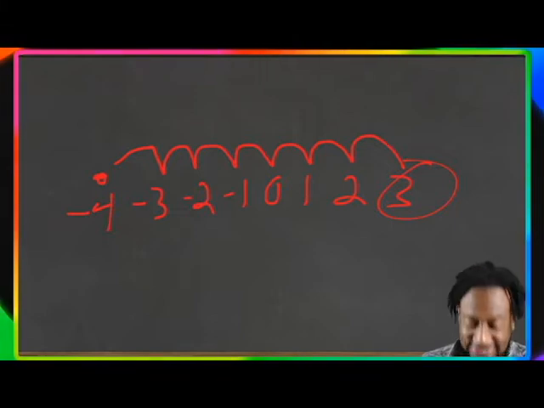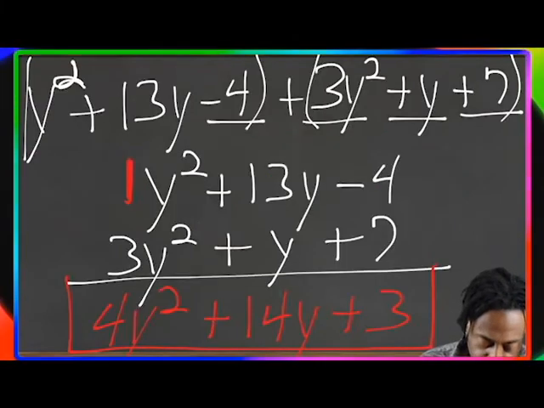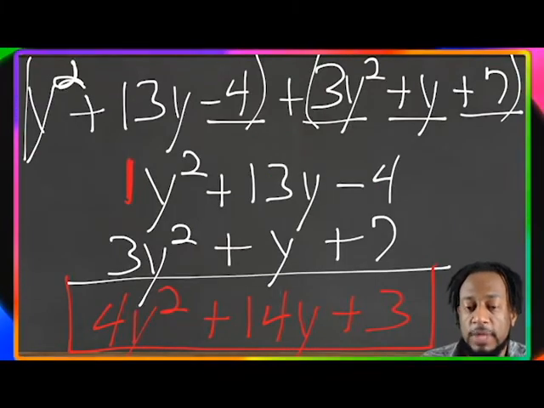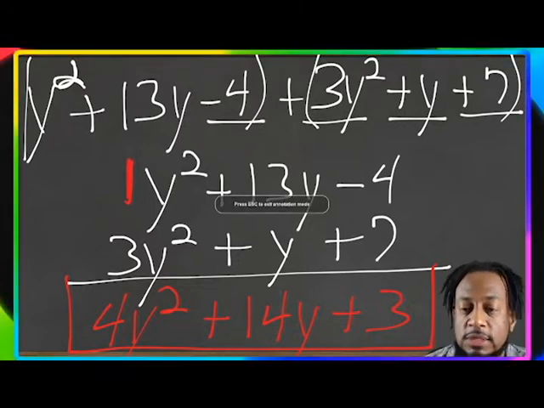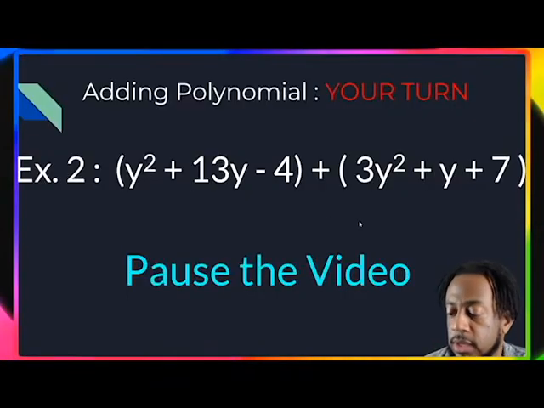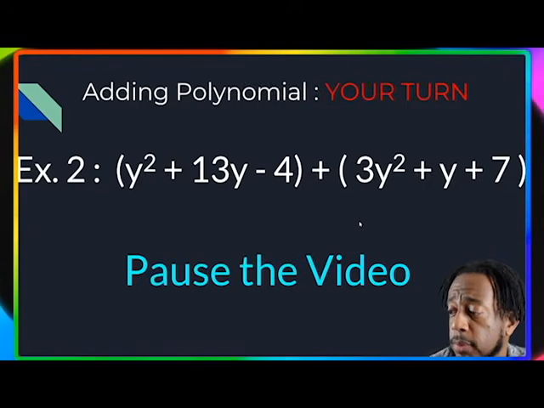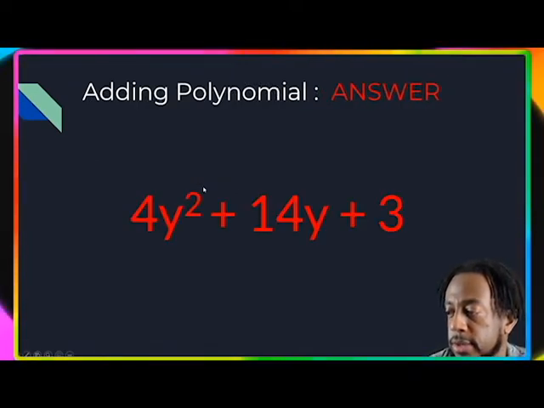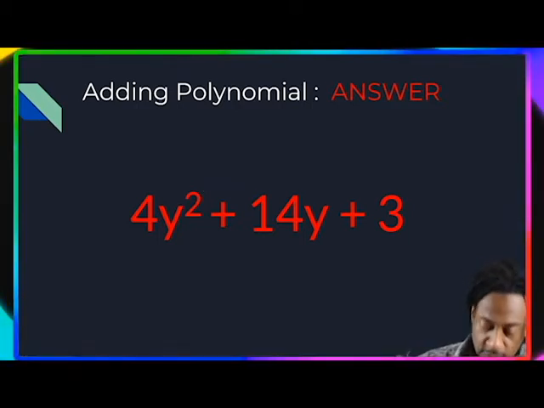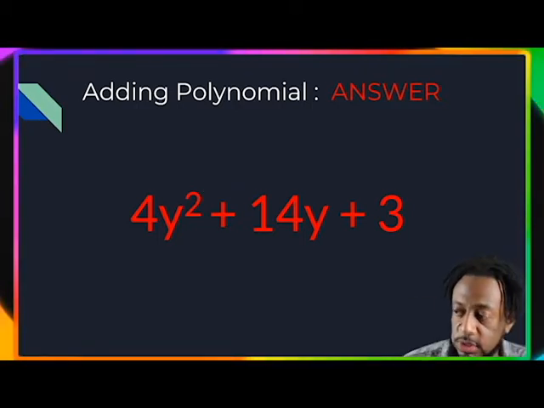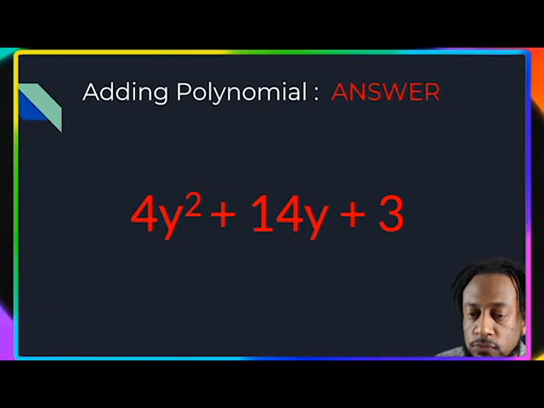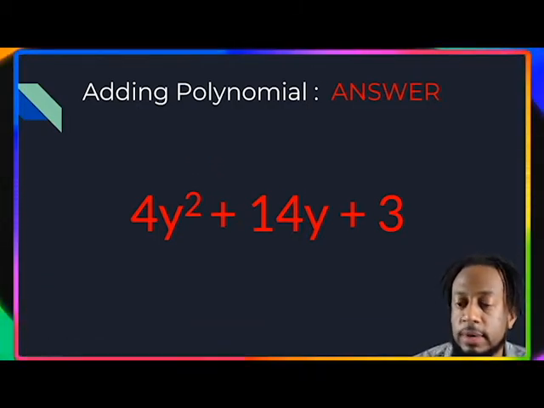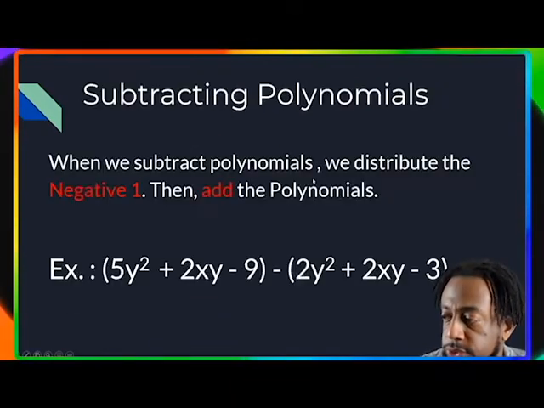It's magic. Box it up, ship it out. That is your answer. There we go. 4y squared plus 14y plus 3.